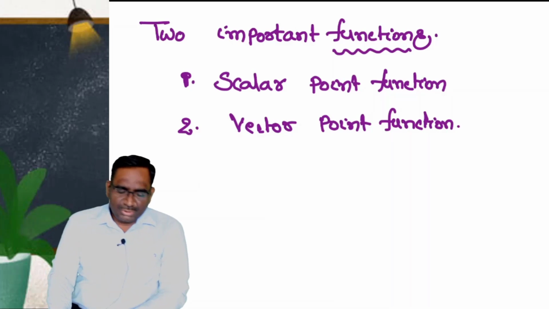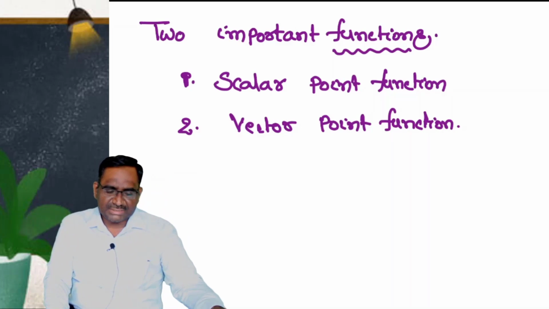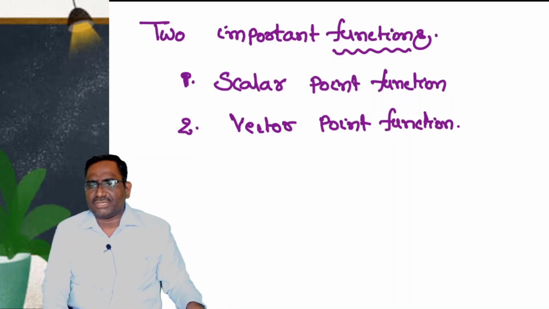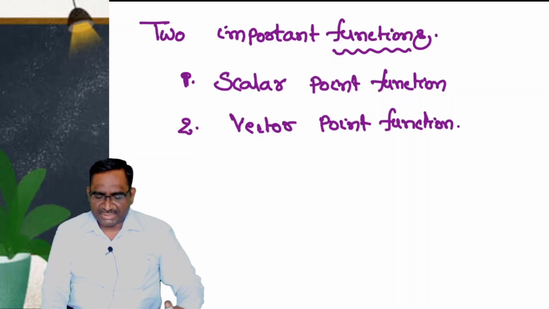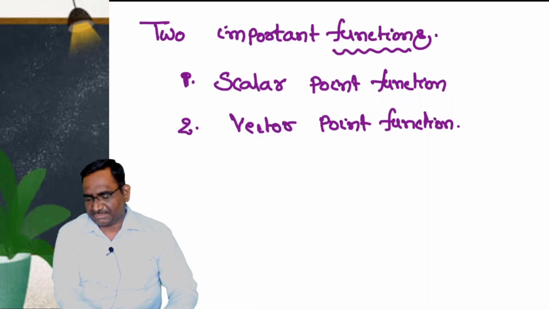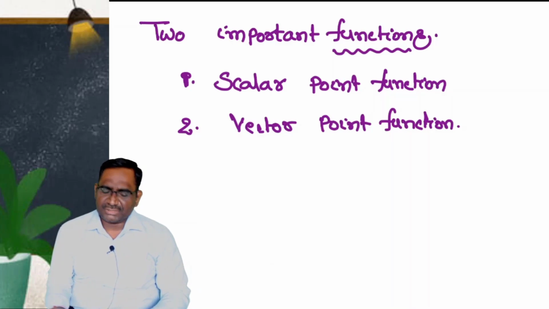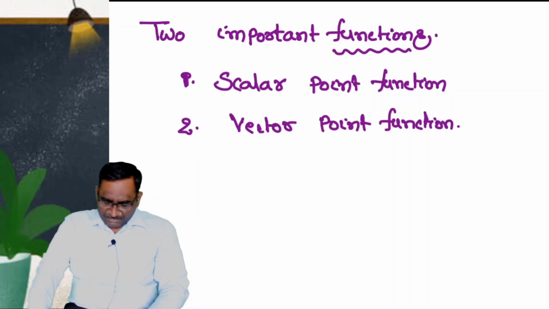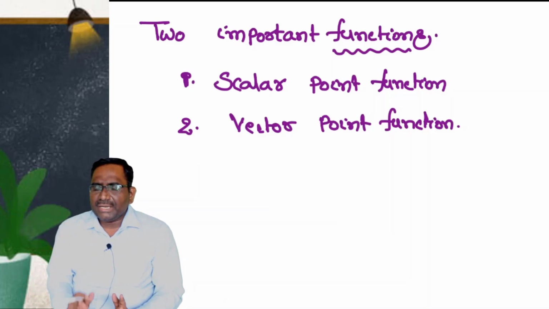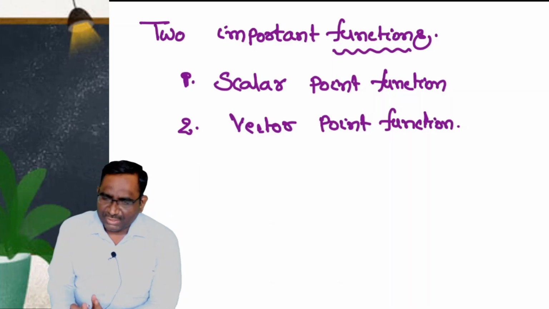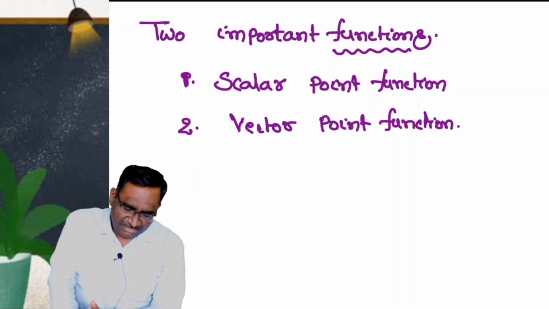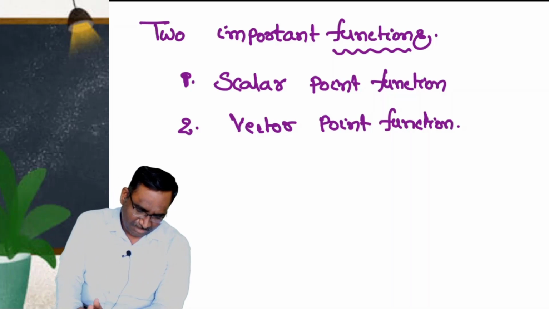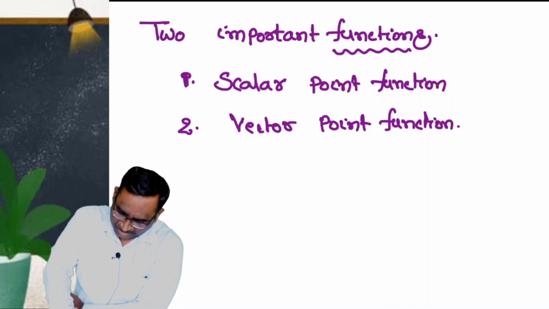So there are two types of functions: one is a scalar point function and another is a vector point function. These are the most important functions in vector calculus, and we mainly deal with these two.